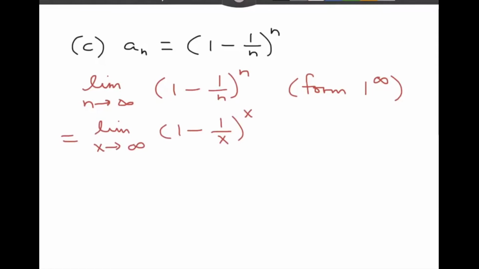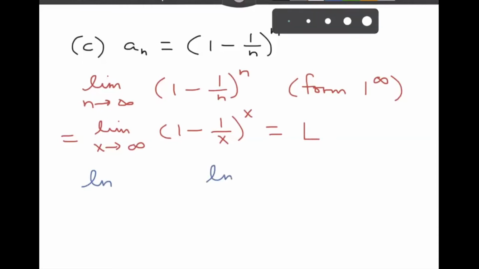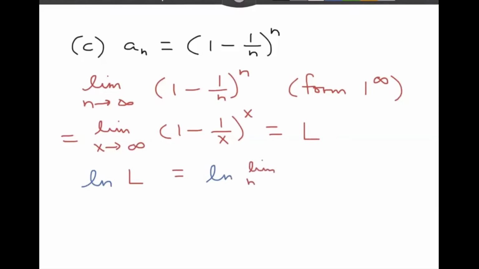Okay, so you remember how we dealt with these in chapter 7? I'm going to call this value L, and then I'm going to take the natural log of both sides. The natural log of L is equal to the natural log of this thing. Oh, goody, I just realized that at some point here, we're going to be using that continuous function theorem.